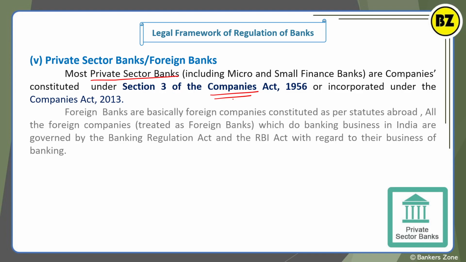Now see, foreign banks are also basically foreign companies constituted as per their status abroad. All foreign companies which do banking business in India are governed by the Banking Regulation Act and the RBI Act with regard to their banking business. So for foreign banks also, how they are registered abroad depends on their status. And if they are doing banking business, we treat them as a foreign bank.